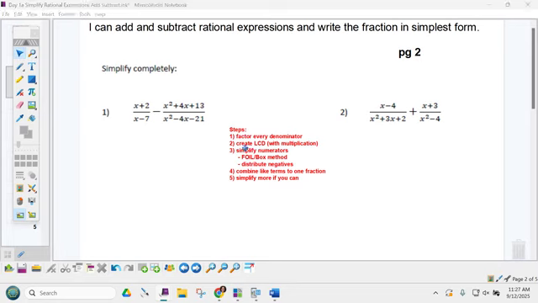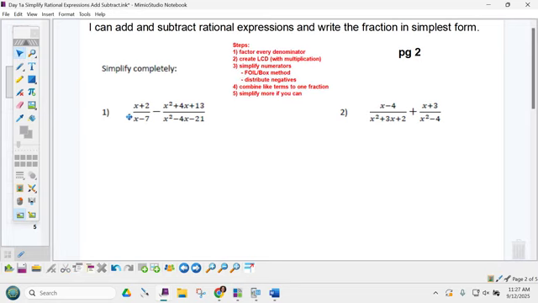Okay, now we're going to follow our steps to simplify number 1. Factor every denominator. So the first part of this fraction does not factor. I will rewrite it. Minus. Okay, leave the numerator the same. It just says factor the denominator.